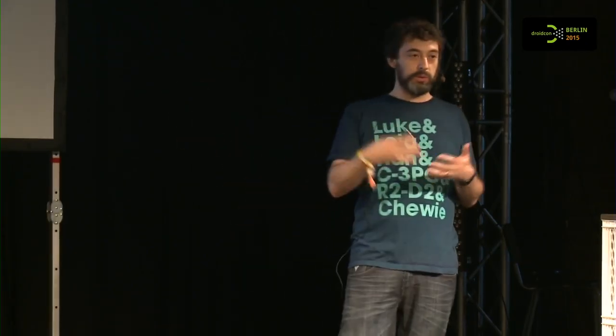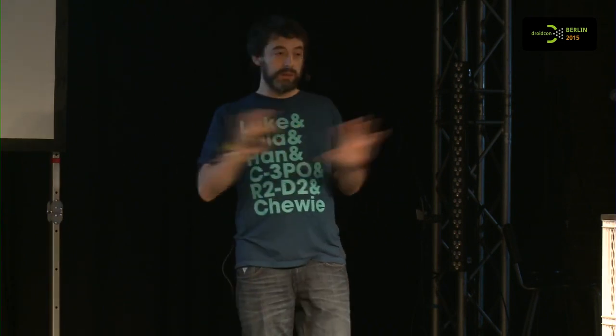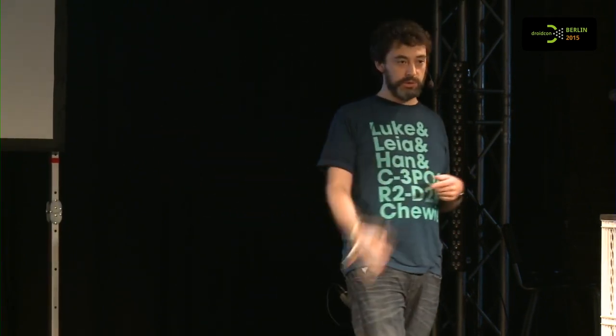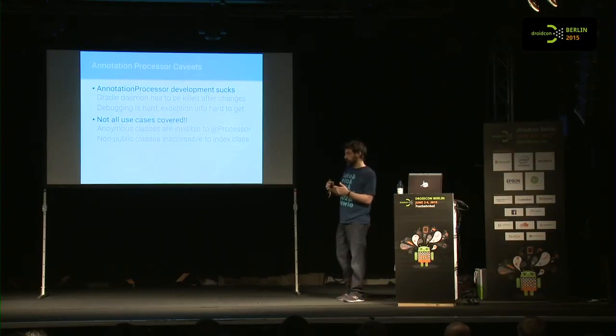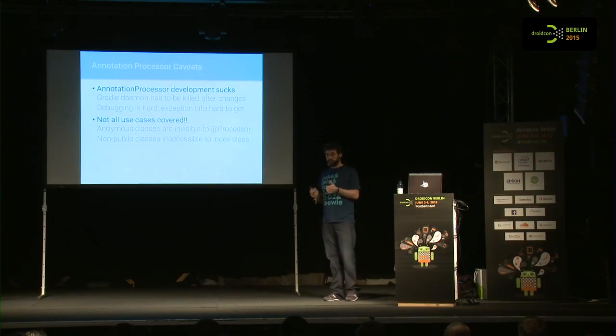Something more to worry about was that not everything that was possible in EventBus 2 was now possible with EventBus 3. Anonymous classes are completely invisible for the annotation preprocessor. So this is a bad thing. And also, the index class relied on the classes being public: subscriber and event classes must be public.